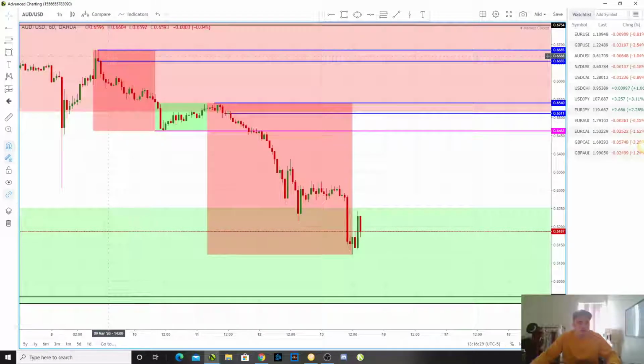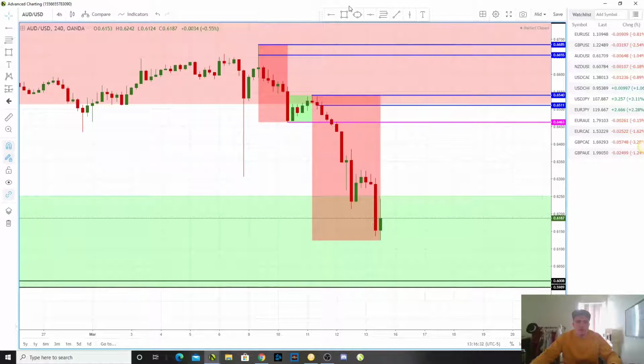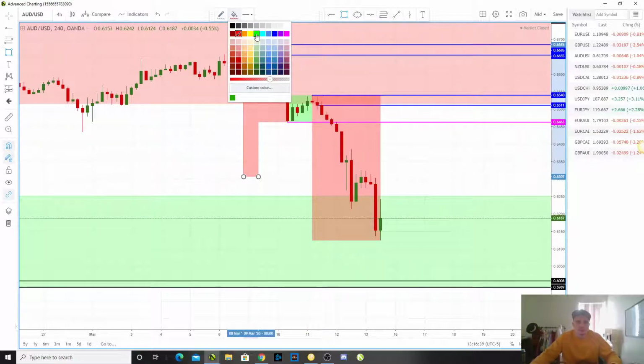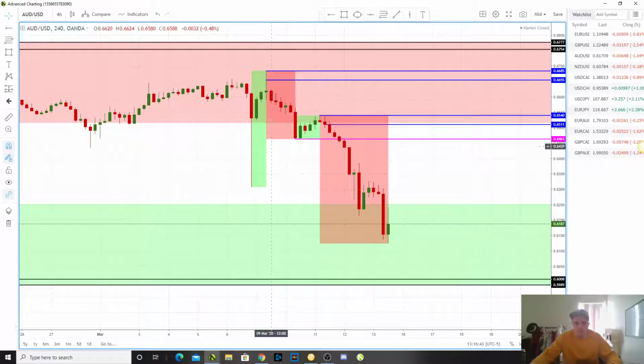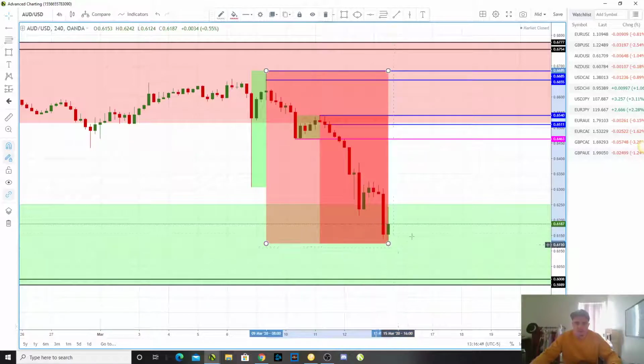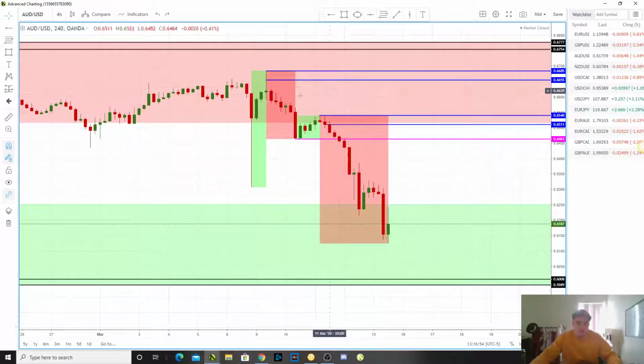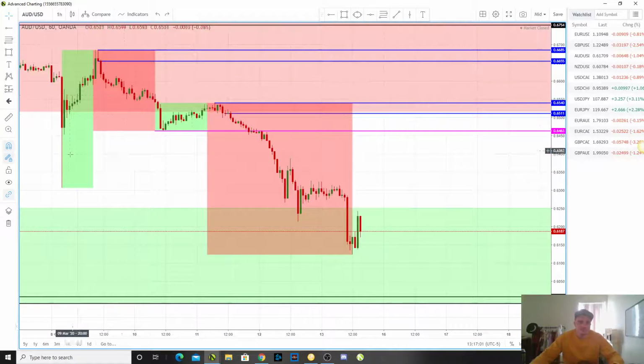Because let's draw the box, which is going to be really stupid. So it's all kind of messed up here. But realistically, what it should look like is just that. But I'm going to make it like this. So that would be like your up move here. So that's still a good trade.